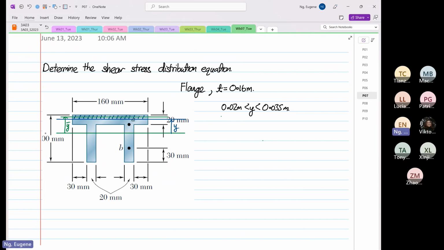Why? Because we know from the centroid this entire distance is equal to 0.035. The equation we are going to derive is only valid in that range, because the thickness in that range is equal to 0.16 meters. That's why I call it the flange. Now we are going to find Q.